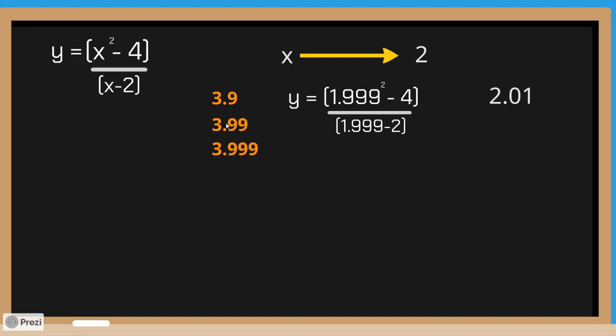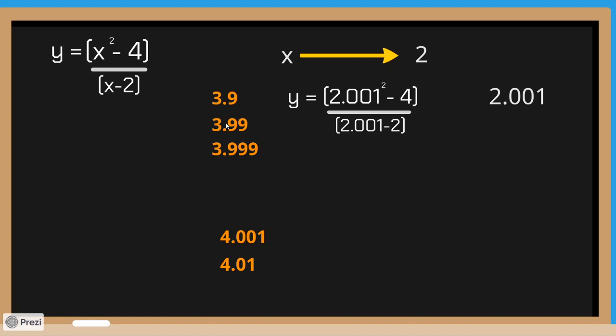So I'll substitute the value. I get 4.01. That is nice. Then I go even closer to 2 from the right side. 2.001. y is equal to (2.001 square minus 4) all divided by (2.001 minus 2), and the answer is 4.001.